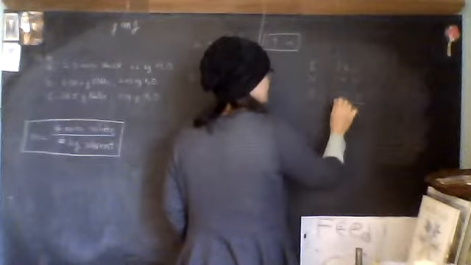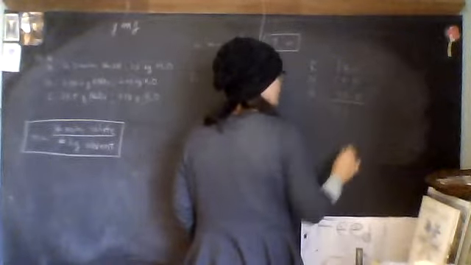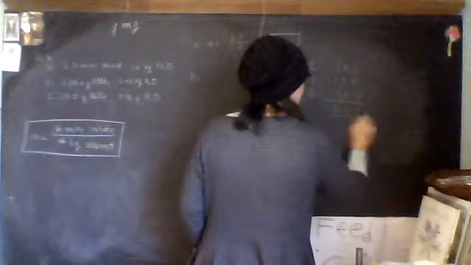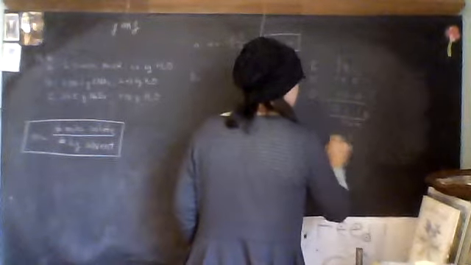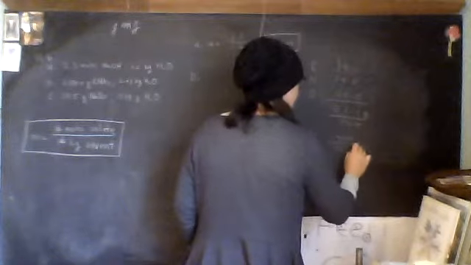So 101.1 grams per mole, or 1 mole per 101.1 grams.